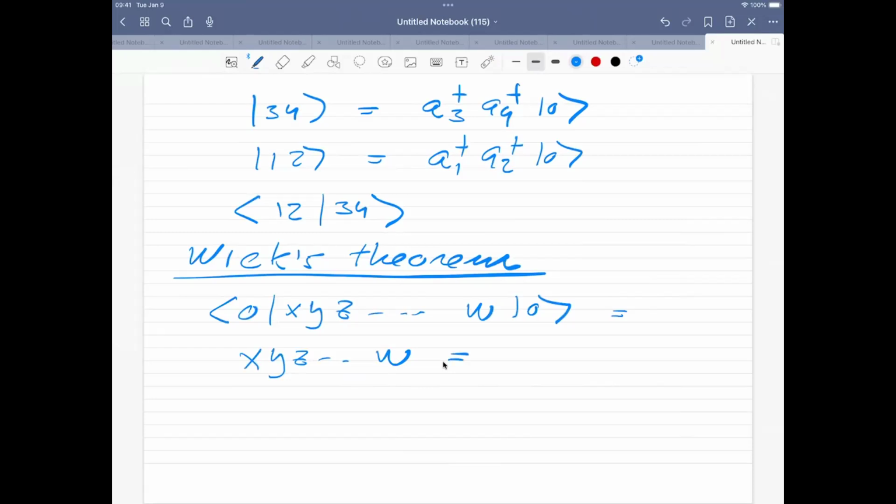So this one is now the normal order product of x, y, z of w plus, and now it's the sum over all the one pairs of contractions. So we're just contracting two operators or two strings of operators. And this is normal order.